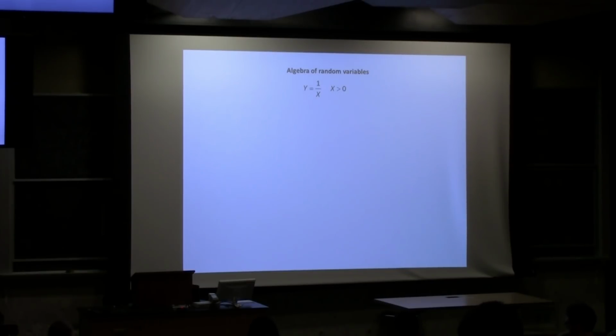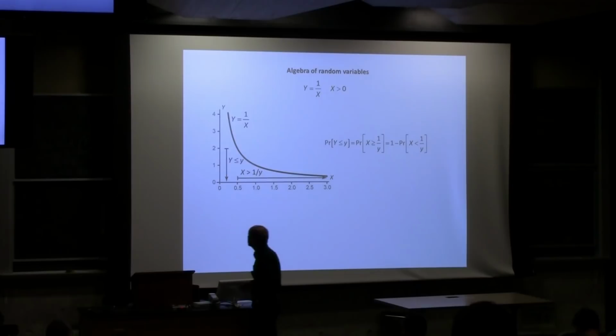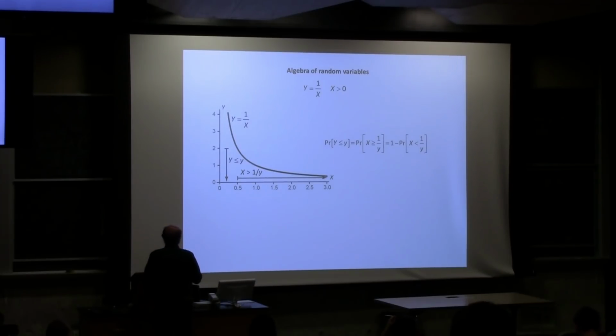So y is equal to 1 over x. Now let's look at that. If we have a random variable x and a random variable y, and they're related to each other this way, and if we know the probability distribution for x, what's the probability distribution for y? We're going to do the same thing. We're going to pick x, of course. X has to be bigger than 0. It's on this axis.